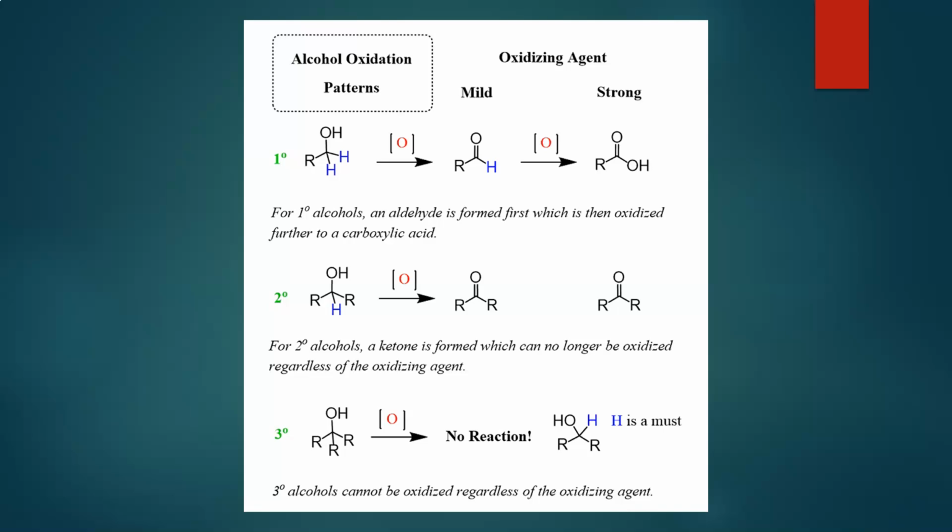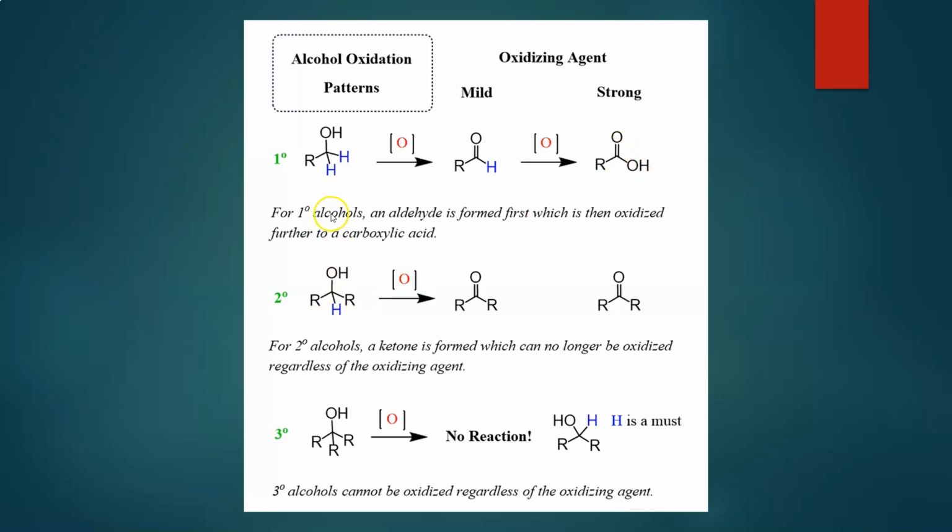The oxidation of alcohols can be different according to the type of alcohol. A primary alcohol has a first stage where the alcohol is oxidized to an aldehyde, and later the aldehyde can be oxidized to a carboxylic acid.